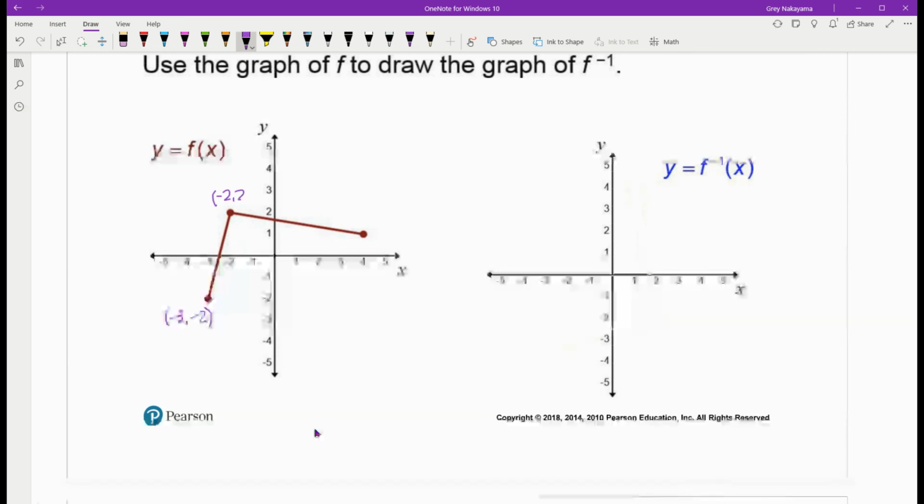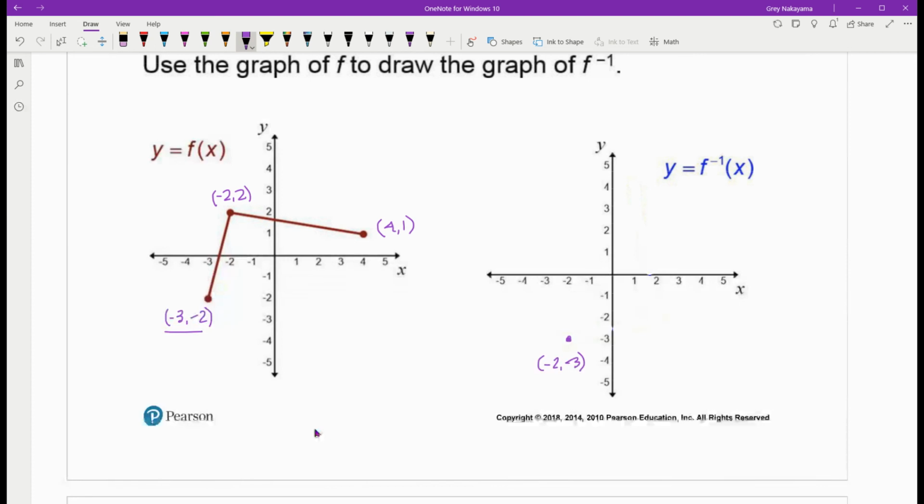This is negative 2, 2. This is 4, 1. So if I have negative 3, negative 2, then I know I'm going to have negative 2, negative 3. Where's negative 2, negative 3? Somewhere about right there. Okay, that's negative 2, negative 3.